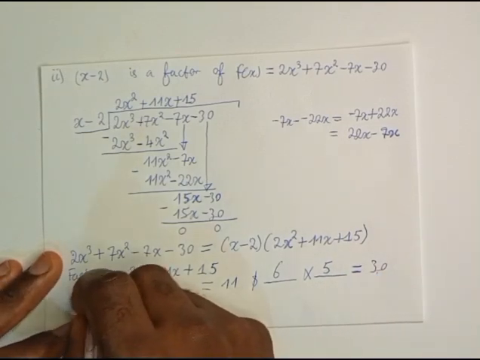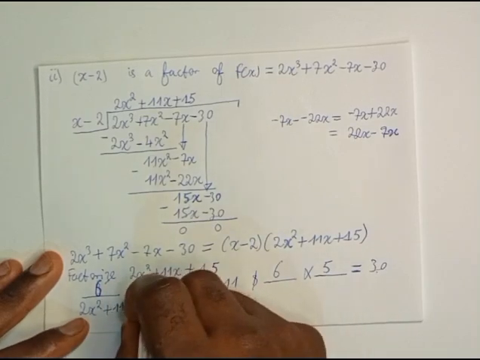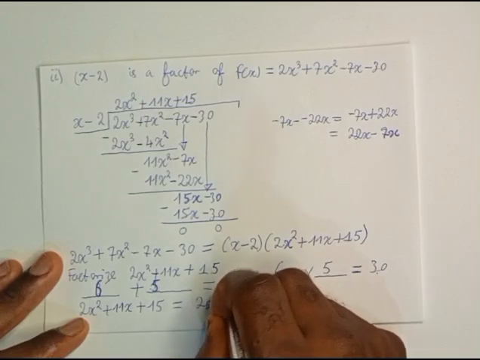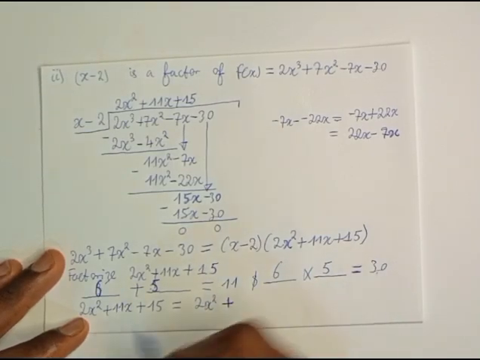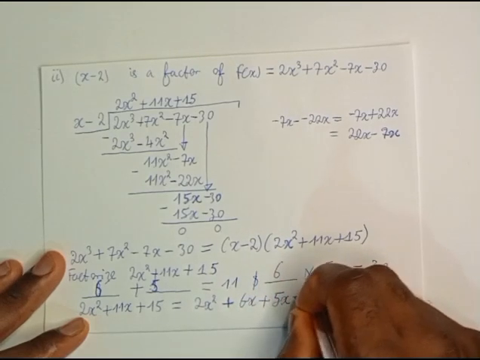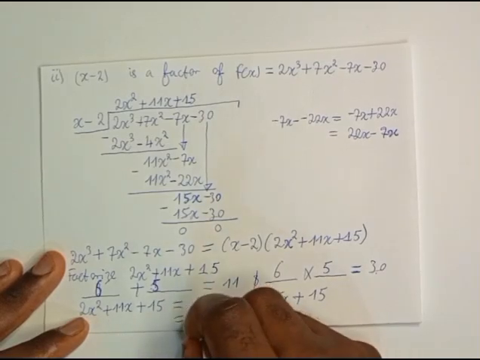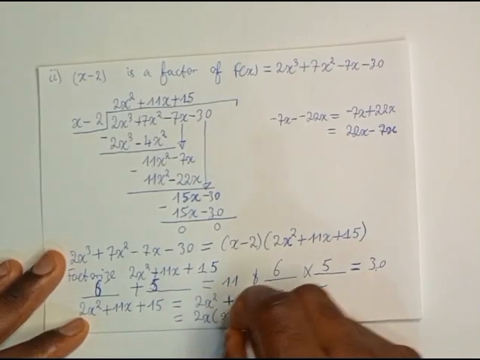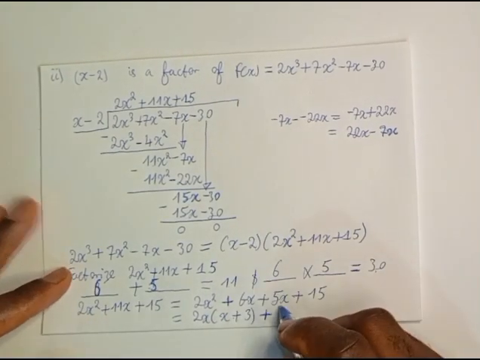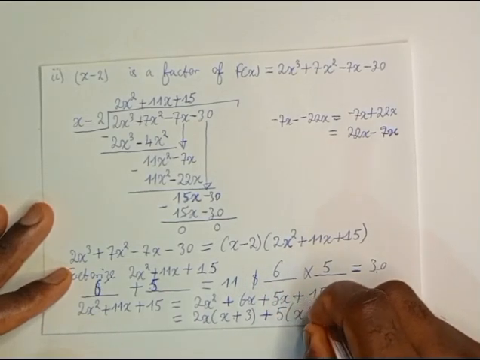This will give us 2x squared plus 11x plus 15 equal to 2x squared plus, we are going to express 11x as 6x plus 5x, plus 15. If we take the first two terms, we can factor out 2x times x plus 3 plus, for the second term, we can factor out the 5 times x plus 3.